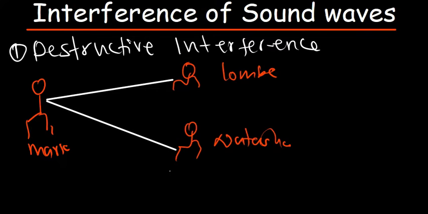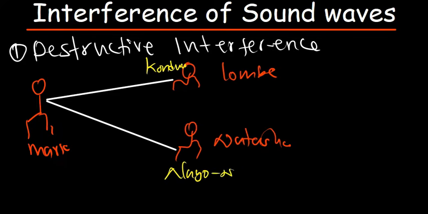So there is music coming from Lombe and there's also music coming from Natasha. Then Mark has to listen to both songs, which are being played by Lombe and Natasha. Let's say Lombe is playing a song by Yomaps Kondwa, then Natasha is playing a song by Chirewan Nayo Nayo.